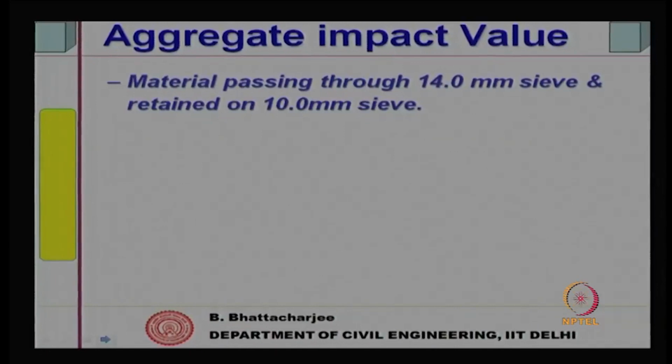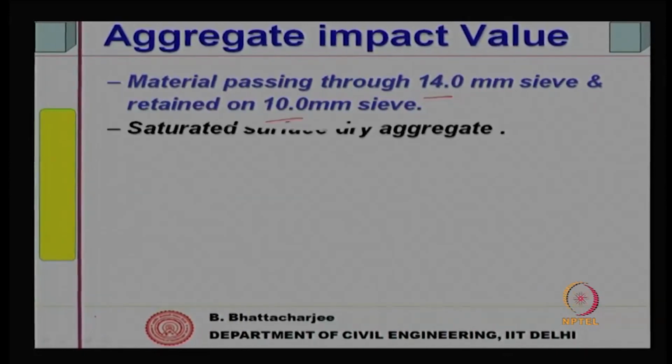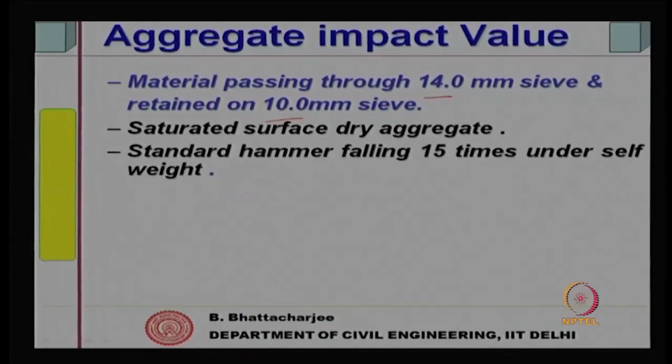Impact value is also measured on the same machine. You take material passing through 14 millimeter sieve and retained on 10 mm sieve, all in specified quantities. The aggregate should be in saturated surface dry condition, and now the only thing is you have a standard hammer falling 15 times under self weight.